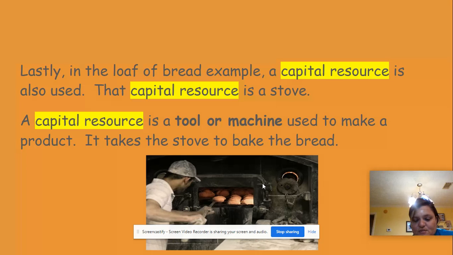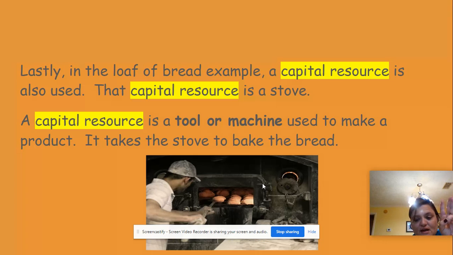So let's review. We had the human resource, which was the what? Right, the baker, the man that made the bread, the human. What was the second resource called? The natural resource, and that's what comes from the ground, that we use to make the bread, and that was wheat.